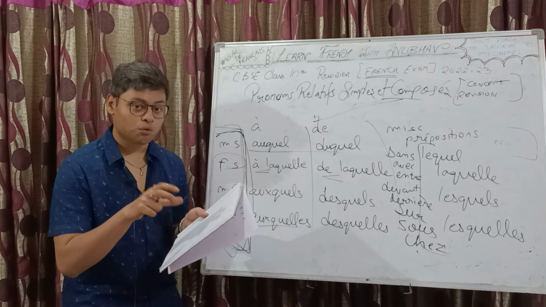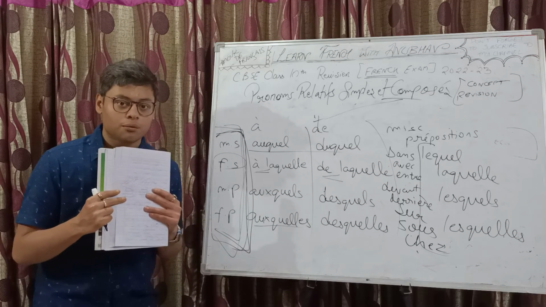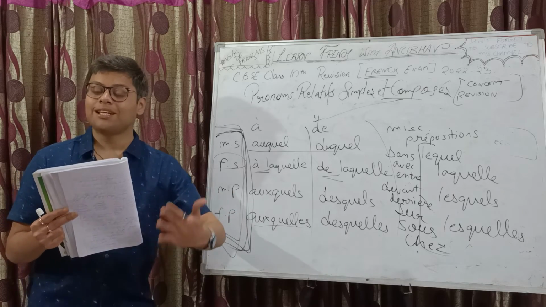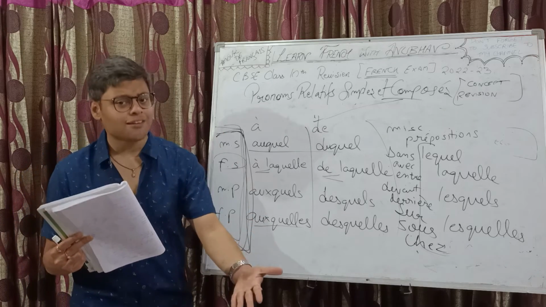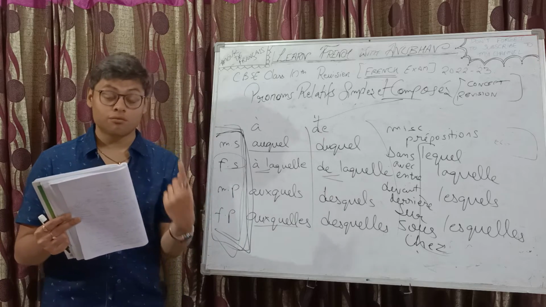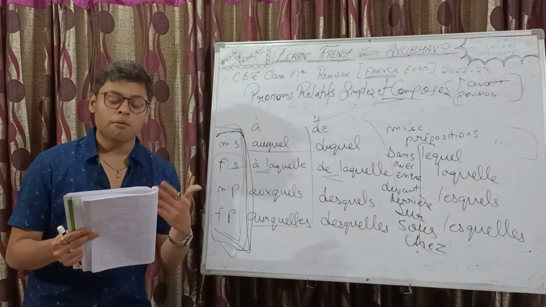I took the example of où and dont: dans laquelle and où, both were possible, both were correct. But in your exam marking scheme, it might happen that only one is mentioned, and that one will be the more probable one.